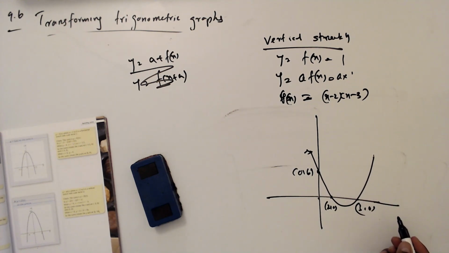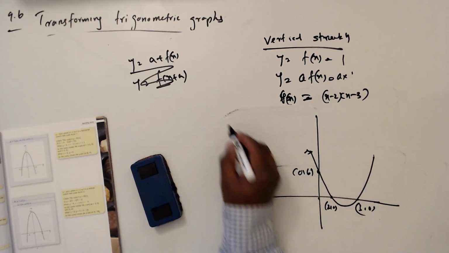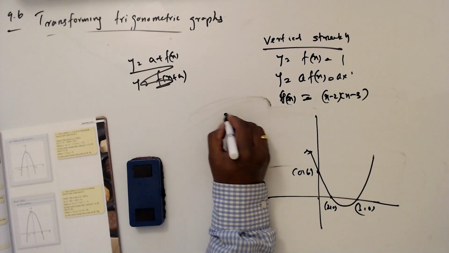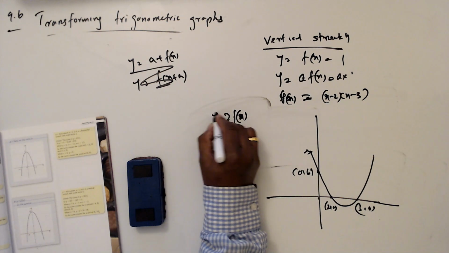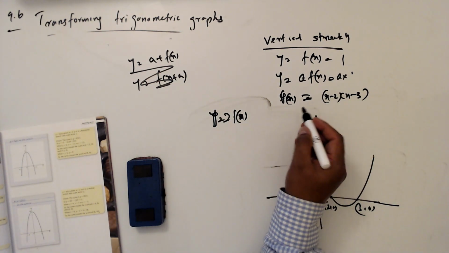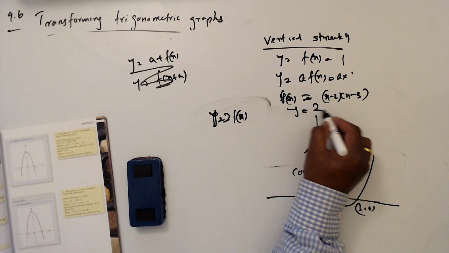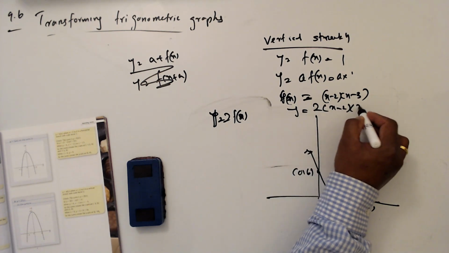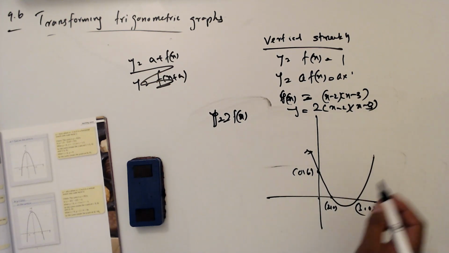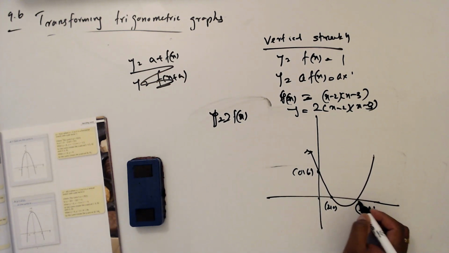Now what will happen if y equals 2f(x)? It means y equals 2 times this value. Still the roots are the roots, (2, 0) and (3, 0).